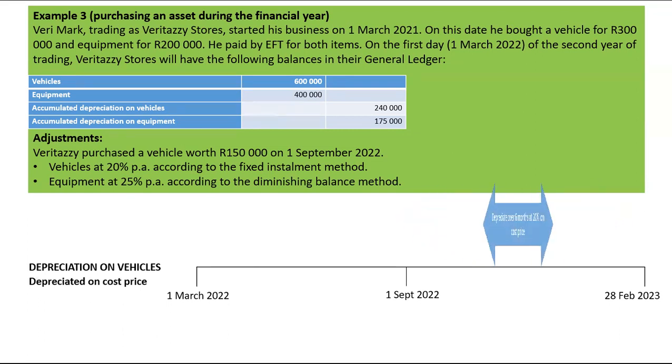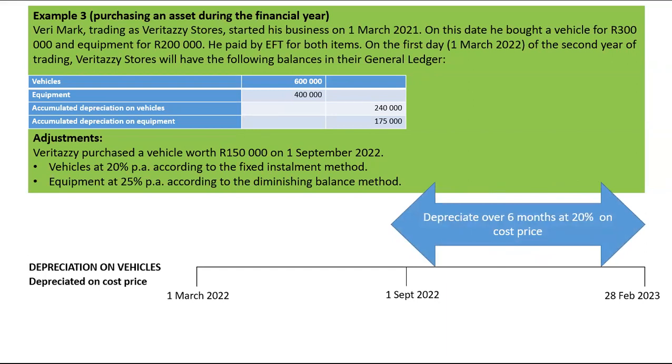Now, you will notice that we've only used it for 6 months. We'll include September when we count the number of months over which we've used this vehicle. It is September, October, November, December, January, February. That is 6 months.